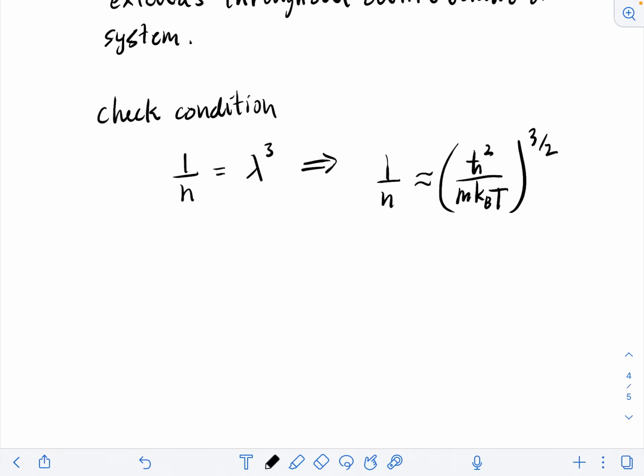And so we'll call this T star, right? T star is the temperature at which 1 over n is equal to lambda cubed.